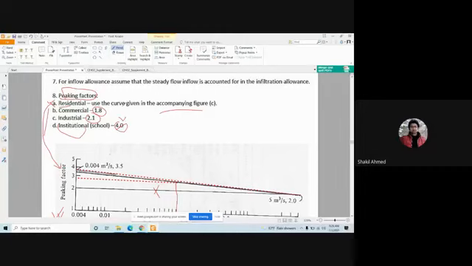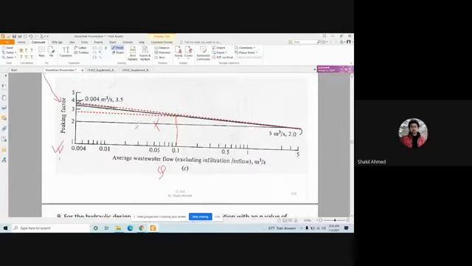The reason is institutional means school, college, university, and you can imagine that in a university there is a rush of people all of a sudden. Am I right? Yes, sir. So that's why you have a very high peaking factor.